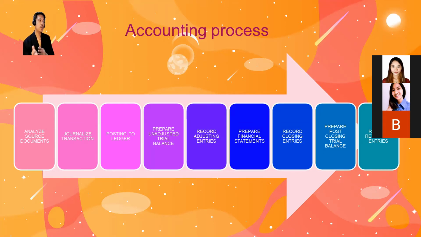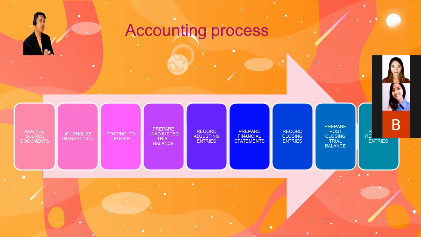After completing all the adjusting entries, we then prepare our financial statements. As you know, the integral parts of the financial statements are your balance sheet, your income statement, statement of changes in equity, your cash flow statement, and notes to financial statements. And then of course we have to record closing entries.